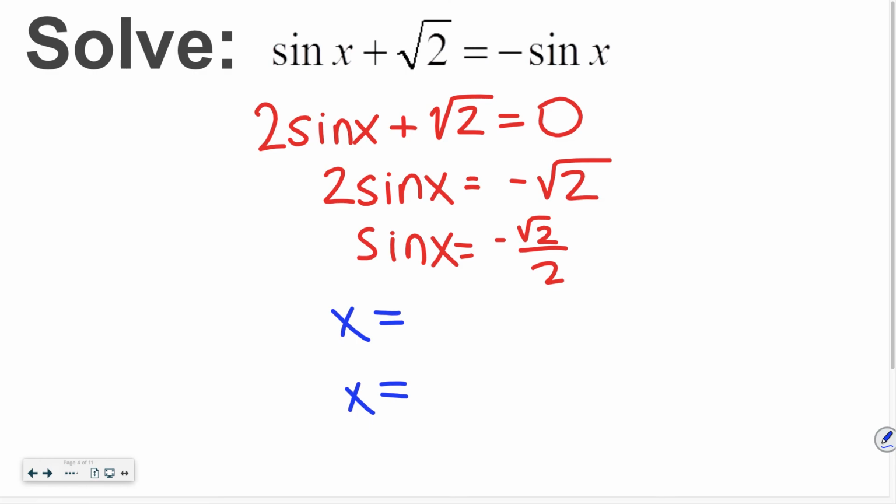Eli, what did you write down? 5 pi over 4. Is that it? Yeah, 7 pi over 4. So we have 5 pi over 4 and 7 pi over 4. And then the period of sine is 2 pi, so we're going to add plus 2 pi n.